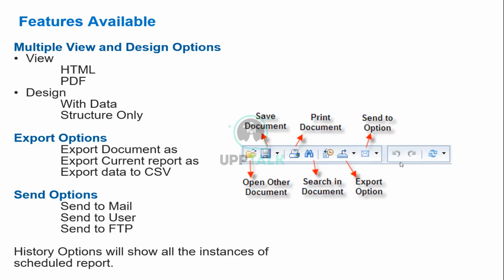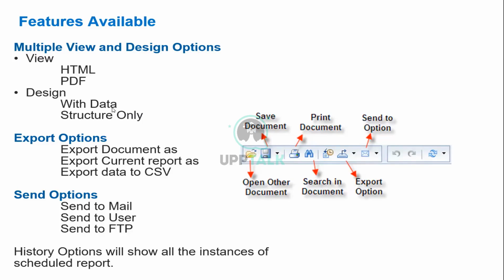We can use the send to option. It is for sending to the BI inbox. Here is also an option available in the toolbar, and here it is for refreshing the report. These are the options. If you see view HTML, PDF, design with the data or with structure.